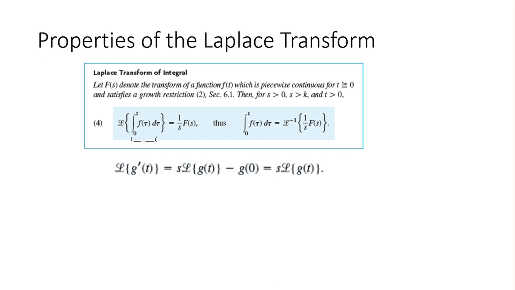If we integrate some function, where tau is a dummy variable, from 0 to t, we can represent the Laplace transform of this integral as 1 over s multiplied by our transformed function capital F of s. You can also see that this property works in reverse just as well. So we've summarized the properties. In the next video, we're going to utilize these properties in a few examples. Good luck!